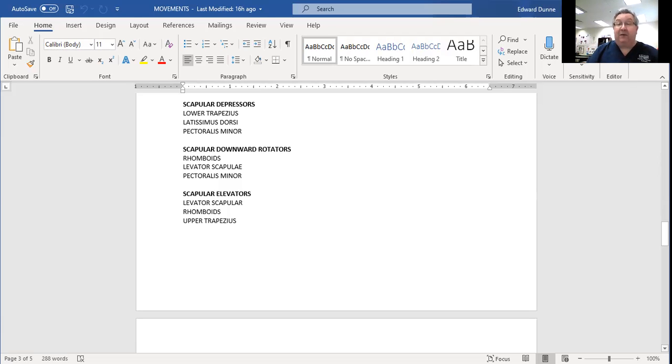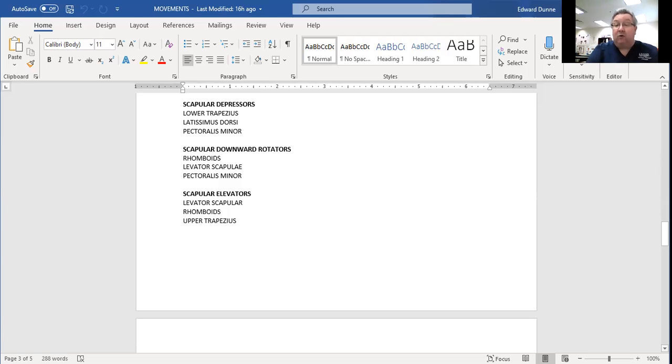The levator scapula helps with elevation of the scapula. Remember, levator scapula comes from C1 through C4 and attaches into the superior angle. And the pectoralis minor. The pectoralis minor is a stabilizer. It helps maintain the position of the scapula. But when all 3 of those muscles work, it brings the scapula in a downward rotated motion. Get those.